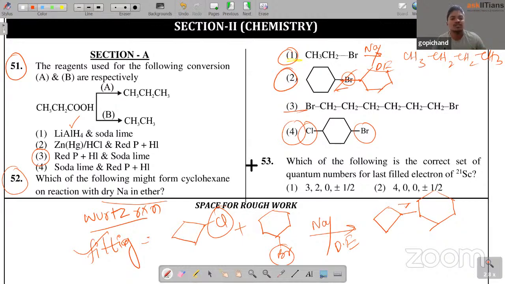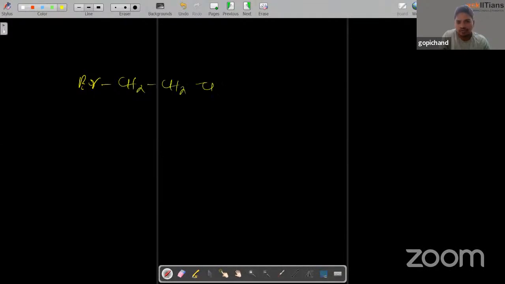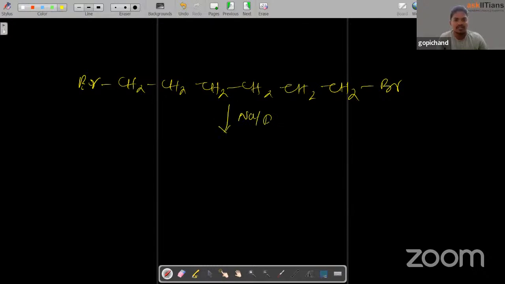But how is answer 3 correct? Let's check its mechanism here. The question has given Br, CH2, CH2, CH2, CH2, CH2, CH2, Br. So we are having 6 carbons with the 2 Brs attached at both terminals. Now I am using sodium in the presence of dry ether.